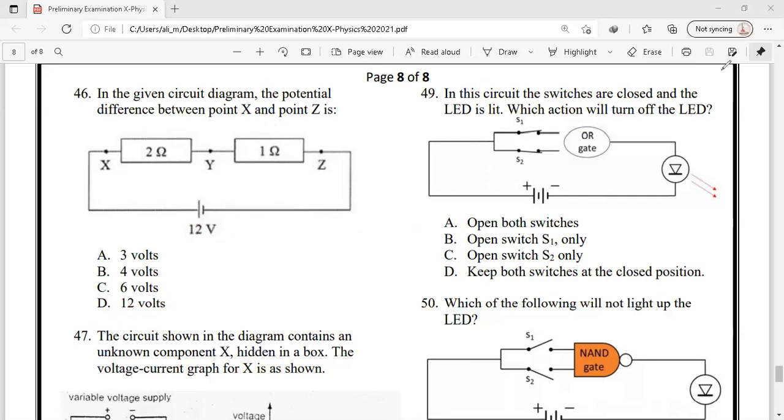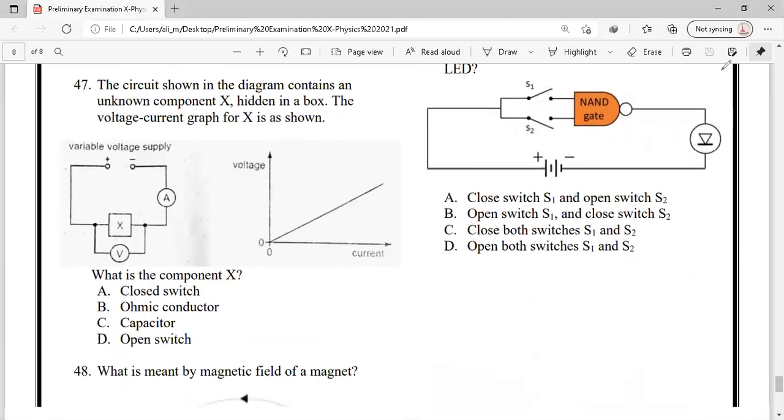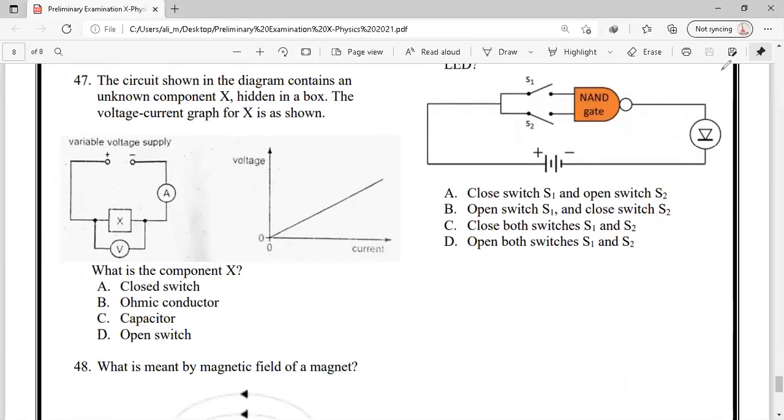Then we have question number 47. The circuit diagram shows an unknown component X hidden in a box. The voltage-current graph for this element is shown, and it is a straight line between voltage and current.